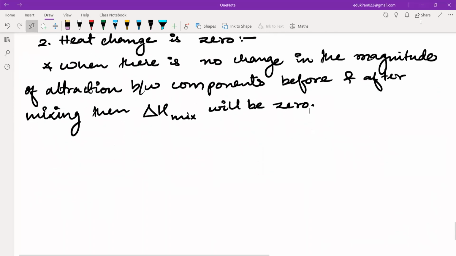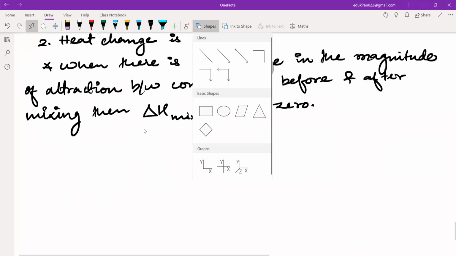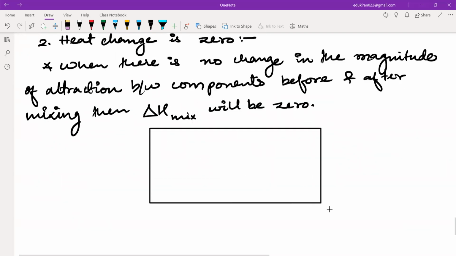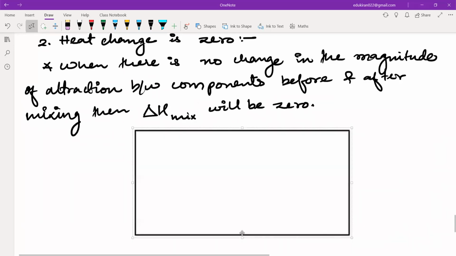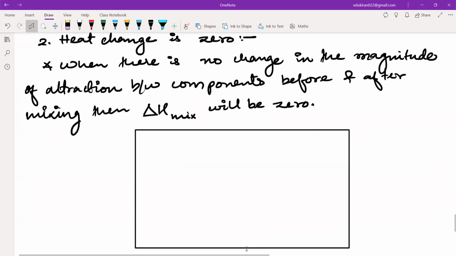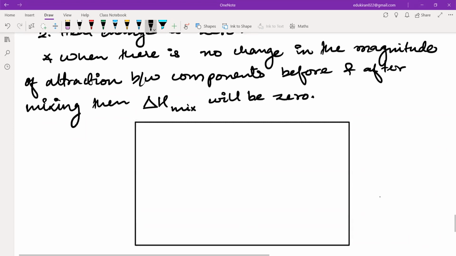And if I want to summarize this thing about ideal solution, we can summarize it like this. Sentences, we will write this down. Ideal solution number 1 point: obeys Raoult's law.